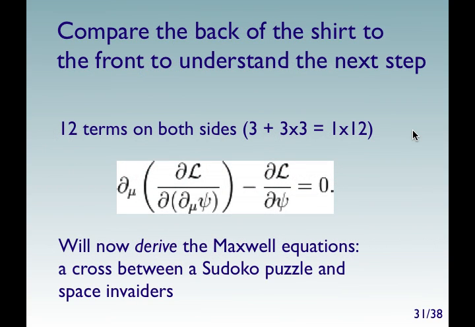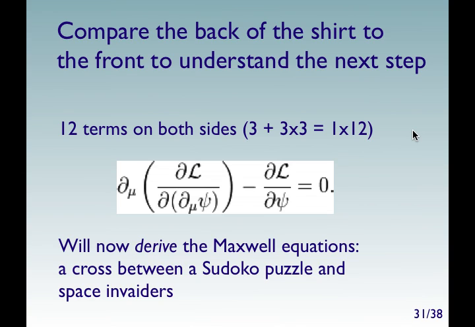And now to get to the field equations, you need to apply the Euler-Lagrange equation. And this thing looks darn scary. I mean, what do all these mu's and phis mean?